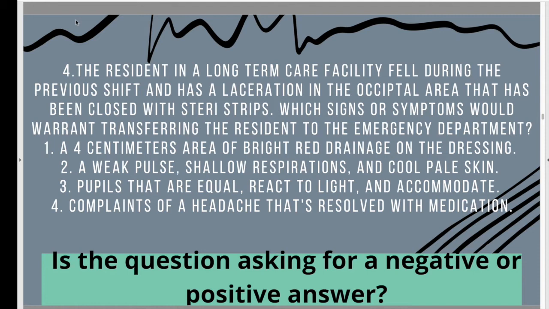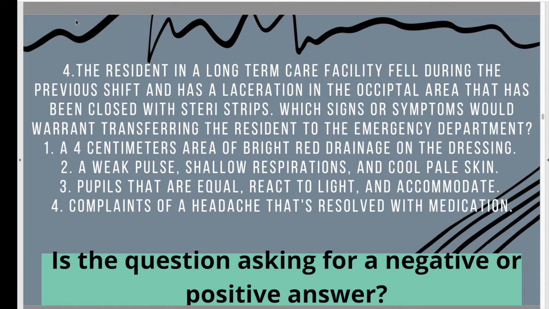Number 2, a weak pulse, shallow respirations, and cool pale skin. For me, this is something to be worried about, so this is the answer. Number 3, pupils that are equal, react to light, and accommodate. That is normal, so that's not the answer. Number 4, complaints of a headache that's resolved with medication. Since the headache is already resolved with medication, there's no need to send the patient to the ER.